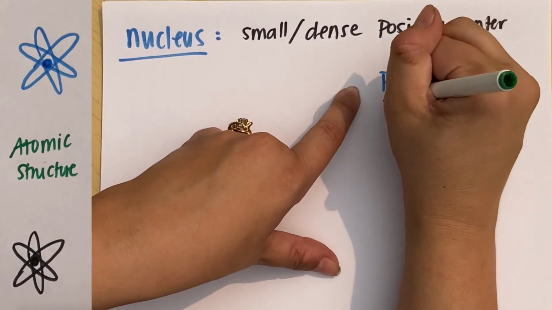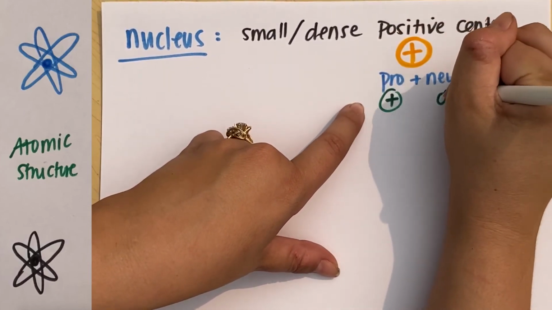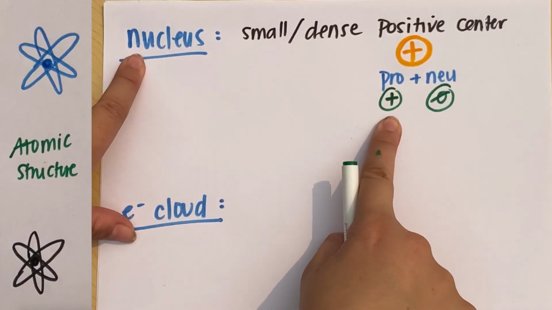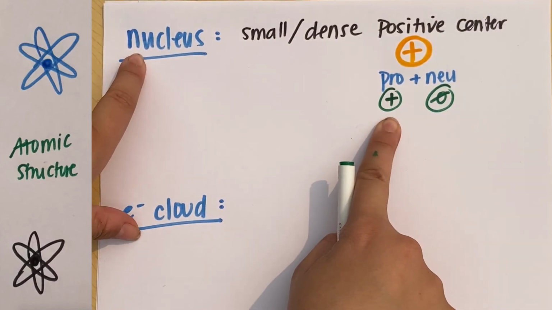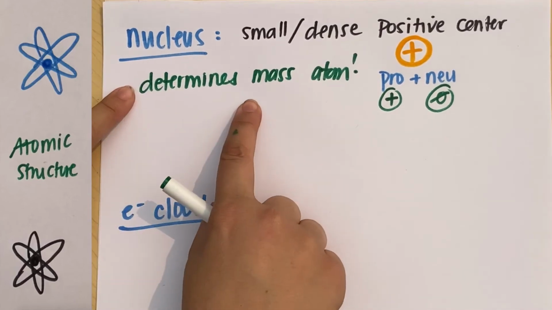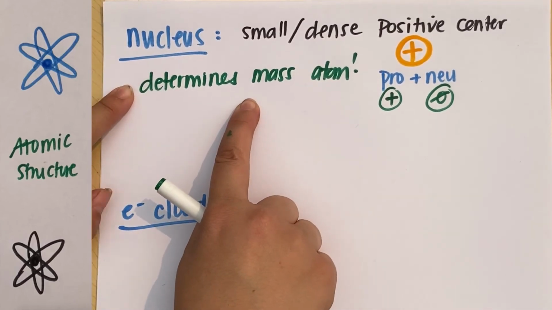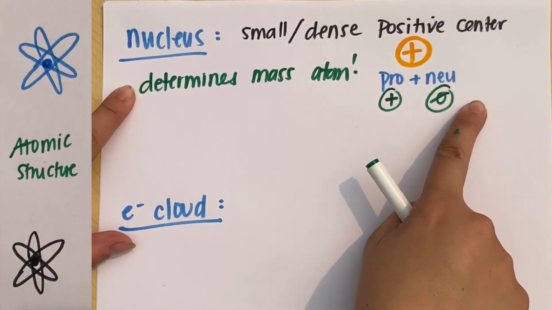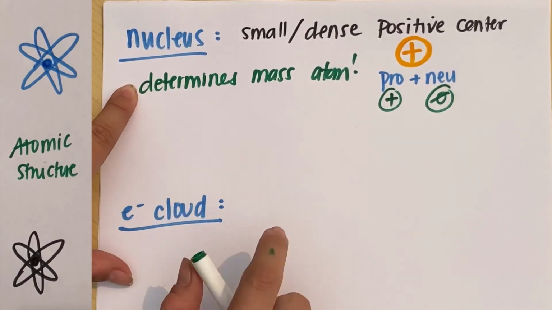Protons have a positive charge. Neutrons have a neutral, 0 charge. So your nucleus is going to be overall positively charged. Your nucleus determines the mass of the atom. The mass of the atom is your proton plus your neutron. So the nucleus determines the mass.